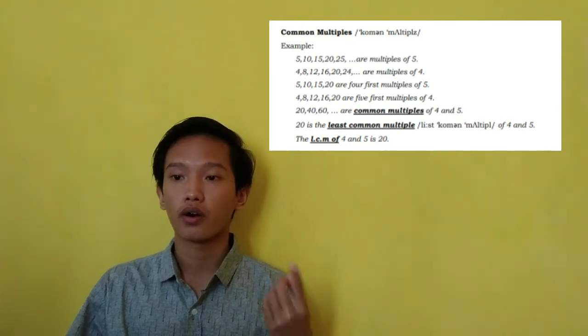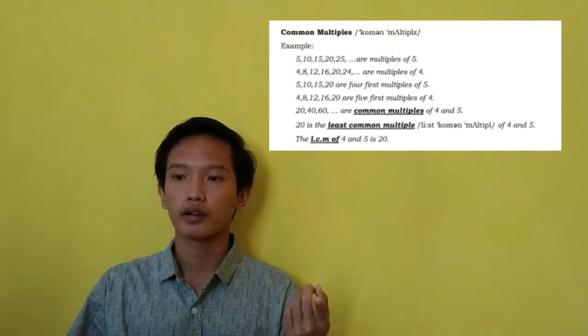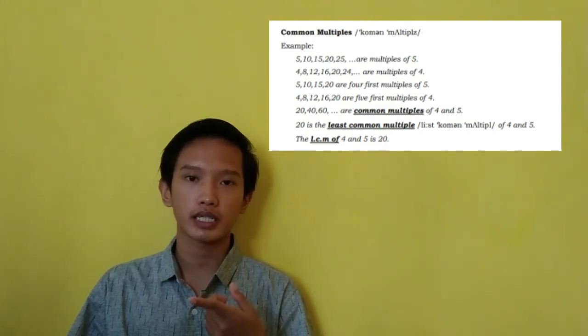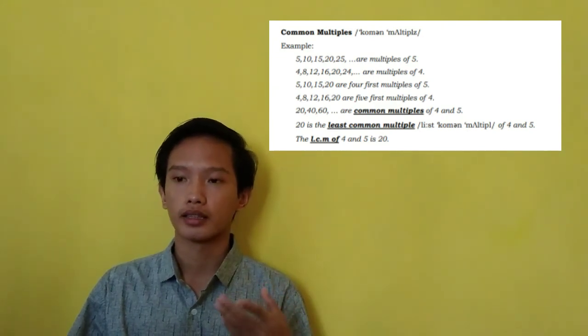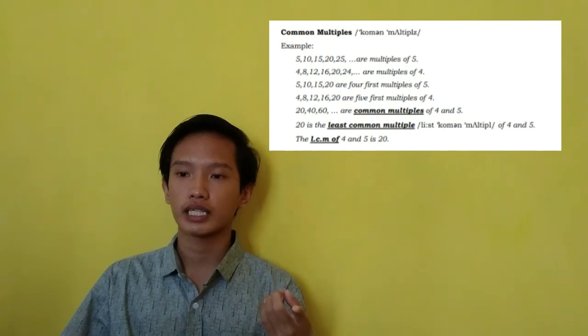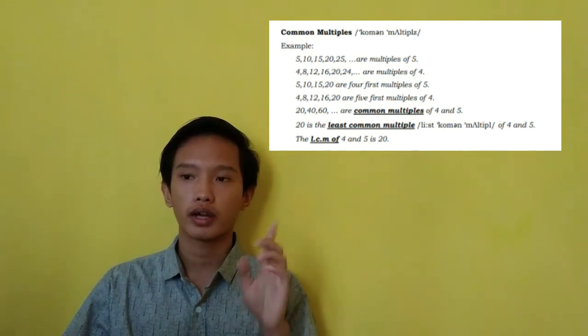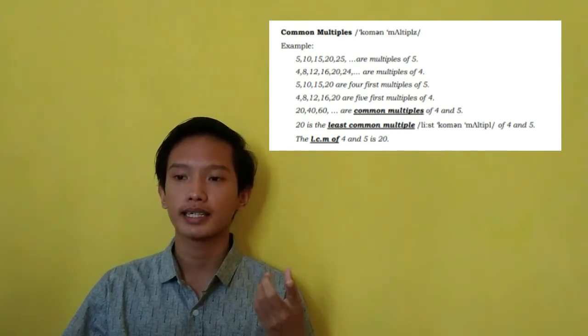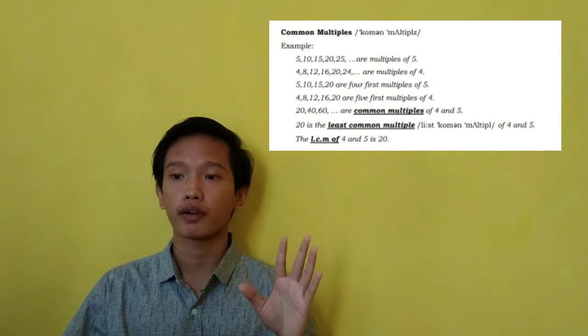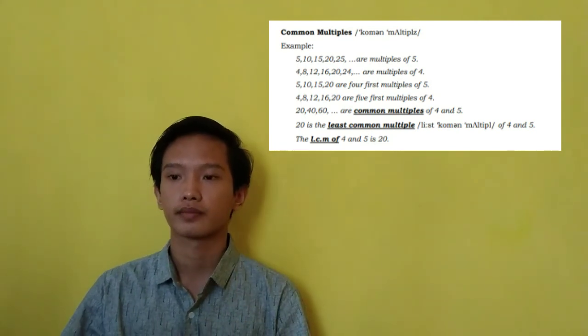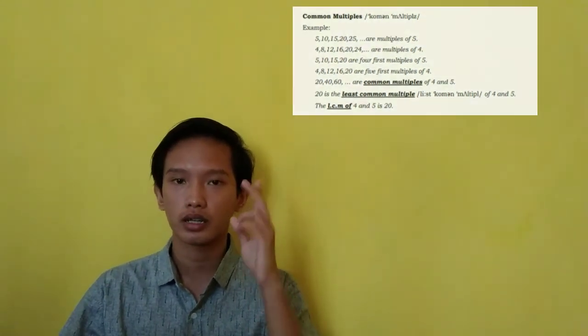And then 4, 8, 12, 16, 20 are the first five multiples of 4. And then 20, 40, and 60 are common multiples of 4 and 5. And 20 is the least common multiple of 4 and 5, or the LCM of 4 and 5 is 20.